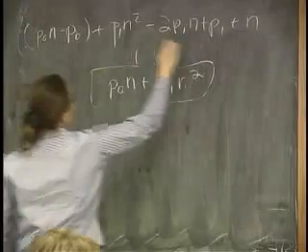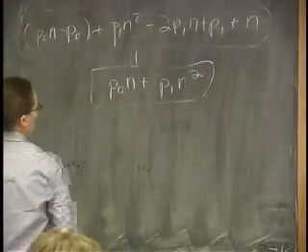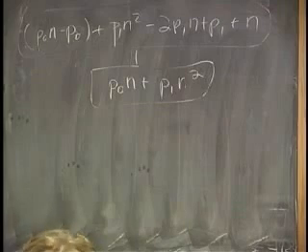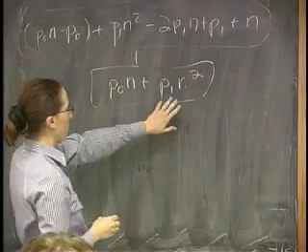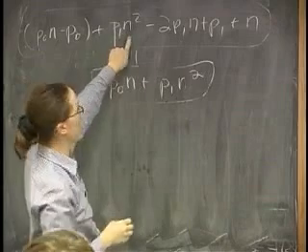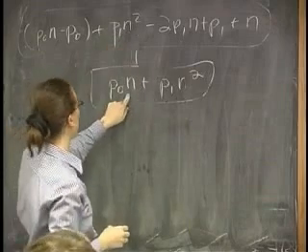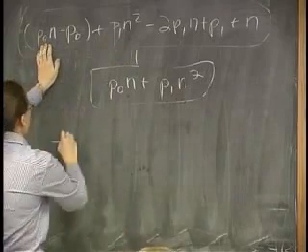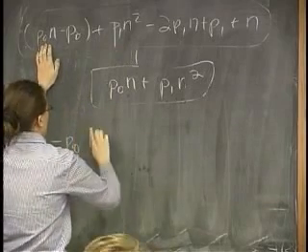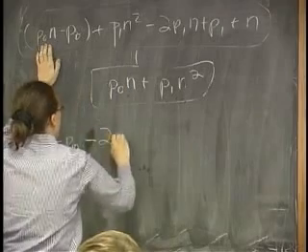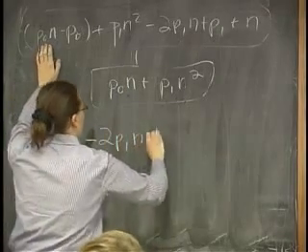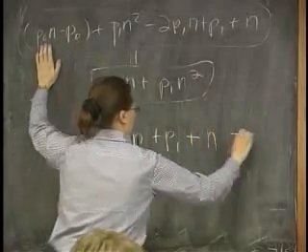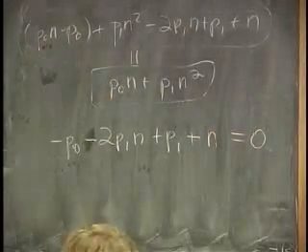So we have this, and we have this, and they're supposed to be equal. We can get rid of the p1 n squareds, and get rid of the p0 n. So what we can do is subtract p1 n squared and p0 n from each side, and what we're going to be left with is minus p0 minus 2 p1 n plus p1 plus n is equal to 0.